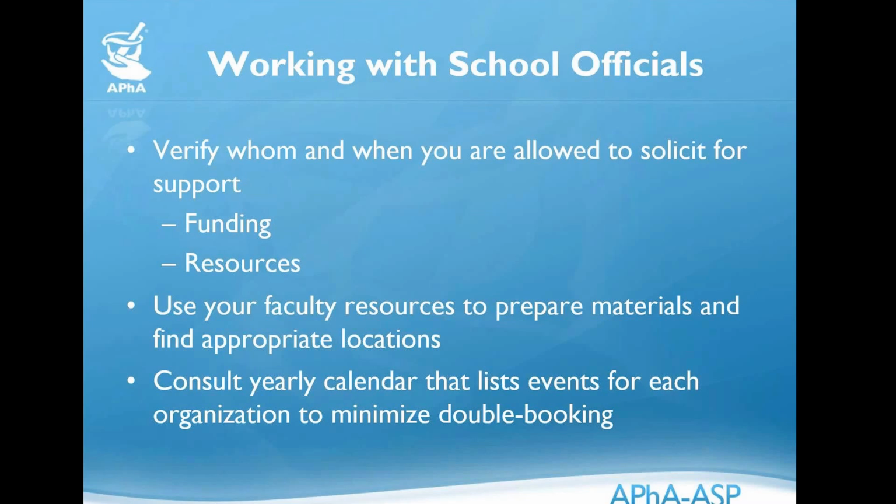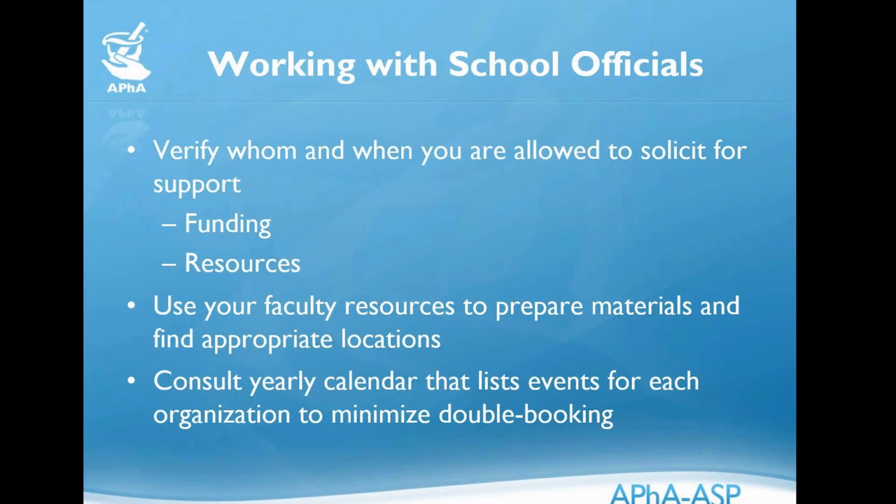Sometimes they're combined with your student activities office, or your student union. A lot of times those folks will be responsible for student activities and organizations on campus. So make sure you get to know them and you know whom and who you cannot talk to when you're soliciting support for any of your projects.